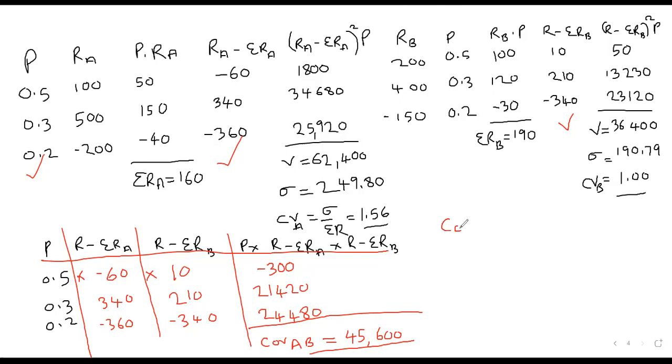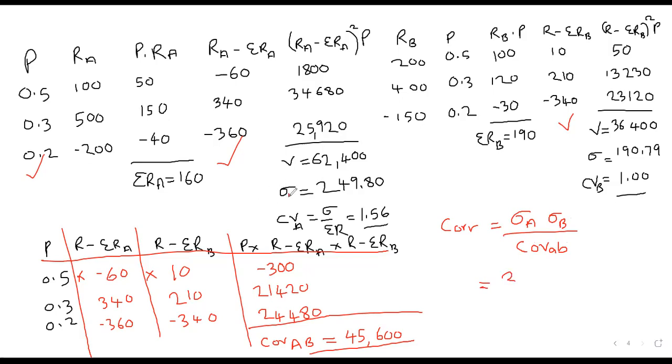Then we have what we call the correlation. Correlation is simply given by the covariance of A and B over the standard deviation for asset A times the standard deviation for asset B. So covariance gives you the direction in which your assets are moving. If you get a negative, they're negatively related.